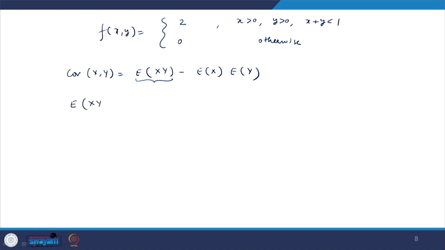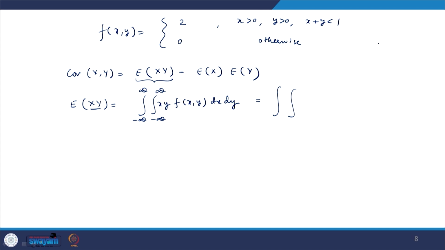Expectation of x y is equal to the double integral from minus infinity to plus infinity of x y into f x y dx dy. I want to compute the expectation of x y, so for that I need the joint PDF, which is f x y. Now, it is 2 in this range, otherwise it is 0.